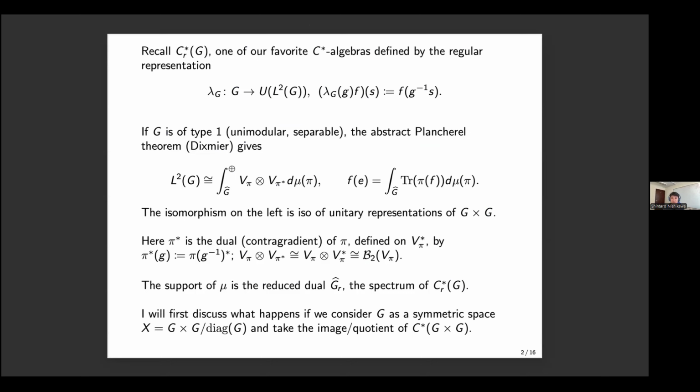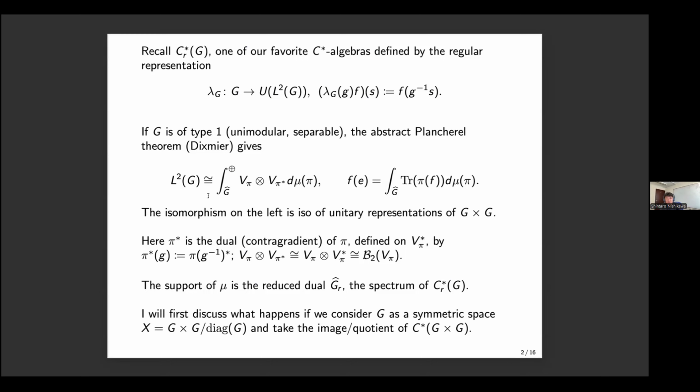One of the old stories about C-star algebras is that G is a type 1 unimodular separable group. The abstract Plancherel theorem, mainly due to Dixmier, which you can find in his book, says that there is an isomorphism of L2 of G with a direct integral of H_pi tensor H_pi star.